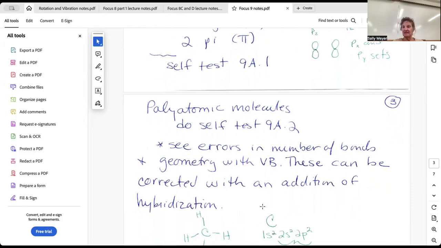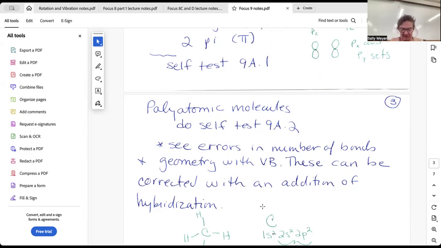Number one is the number of bonds you can have. So we'll see in a second, if we try to explain the bonding in methane, we'll get the wrong number of bonds. And then also the geometry. From the self-test 9A.2, you can see that the bond angle is not what it should be from our understanding of VSEPR, at least using valence bond.